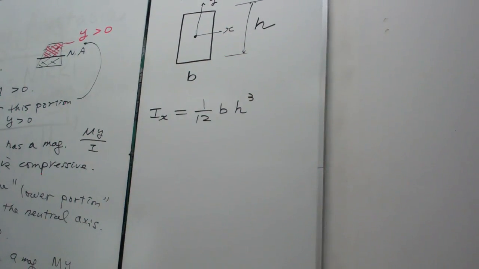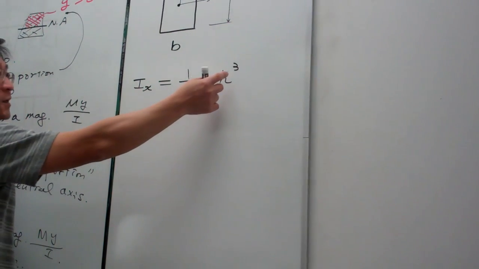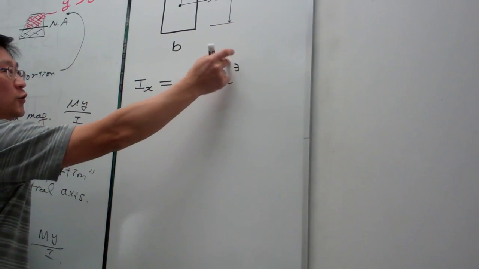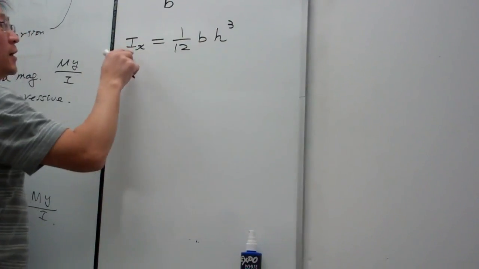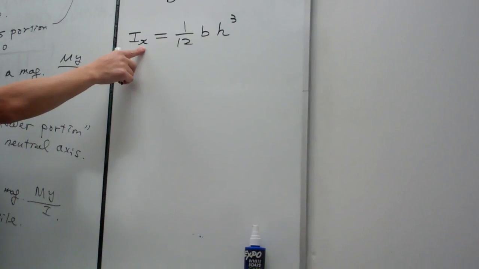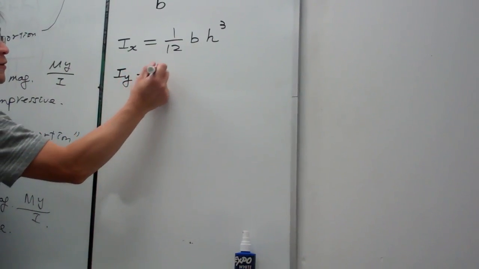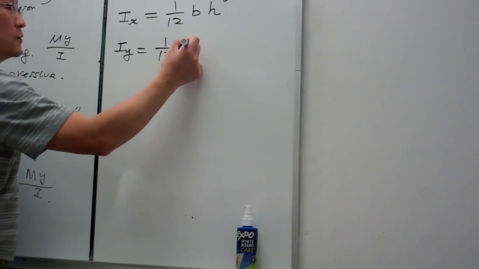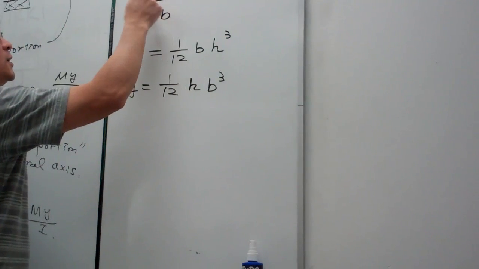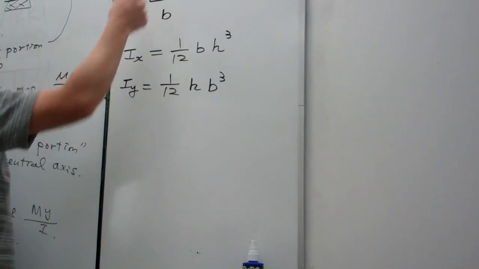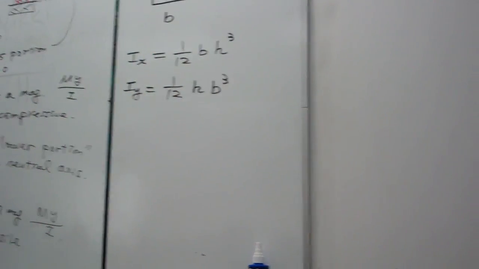That is the formula provided. So always here is the cube. The cubed term goes to the dimension being bisected by this axis. So that means Iy will be equal to 1/12 H B cubed. The B is the dimension being bisected by the y-axis, about which we're going to calculate. So the cubed term goes to that dimension.